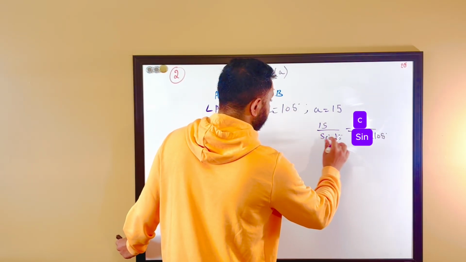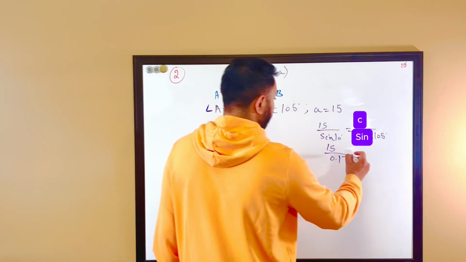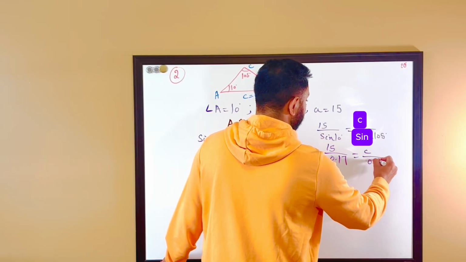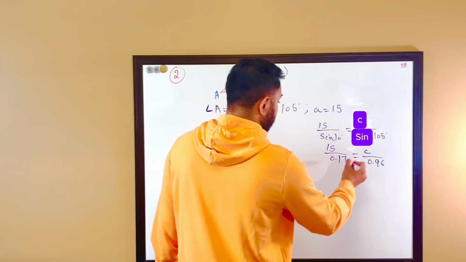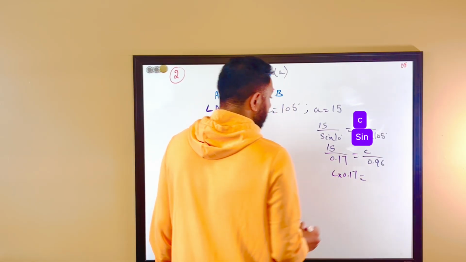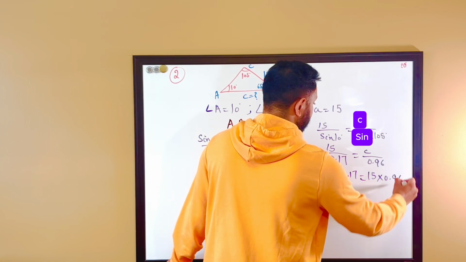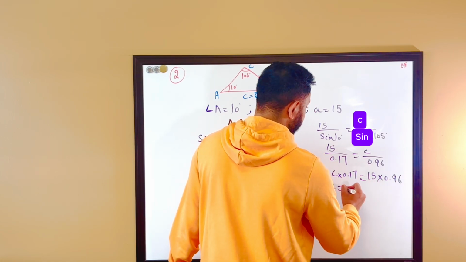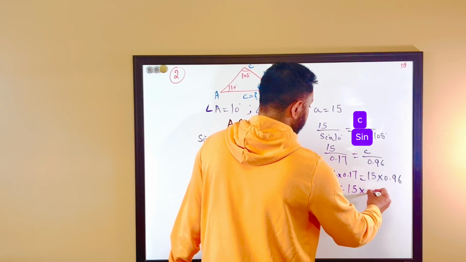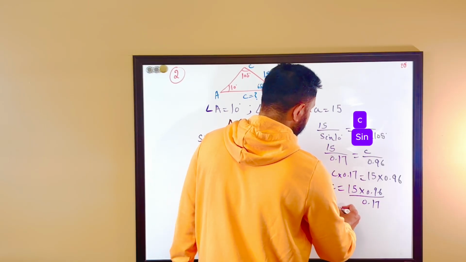Now we're going to simplify this. Sine of 10 is 0.17, and sine of 105 is 0.96. So small c comes out to be 15 into 0.96 divided by 0.17.